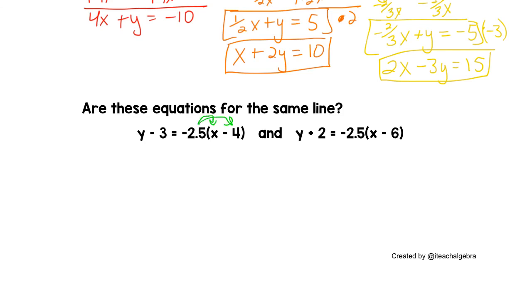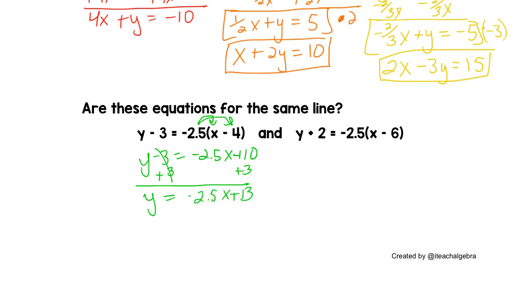We've got y minus 3 equals -2.5x plus 10. So let's add 3 to each side. We get y equals -2.5x plus 13.